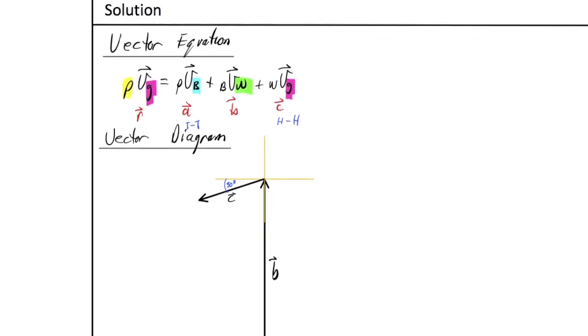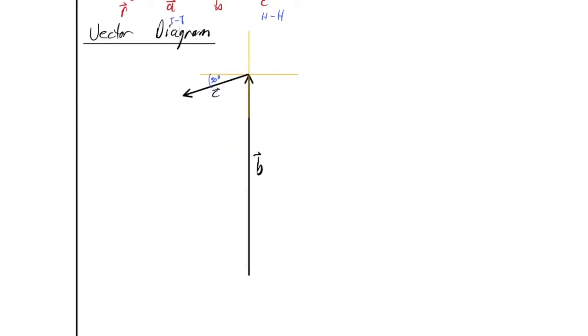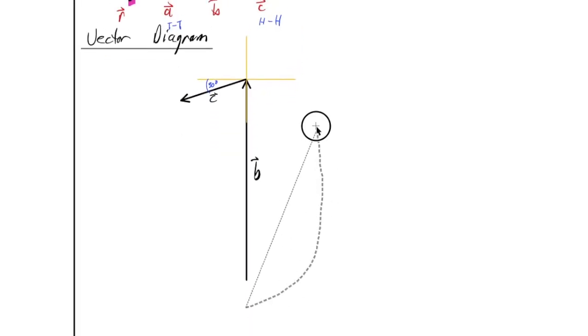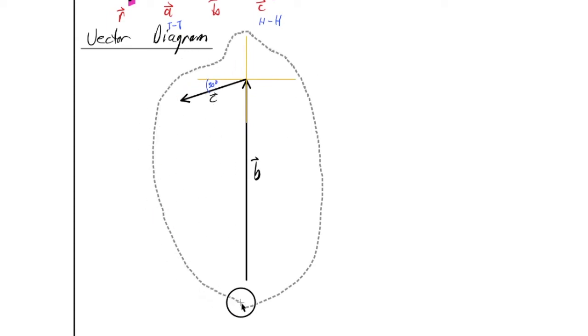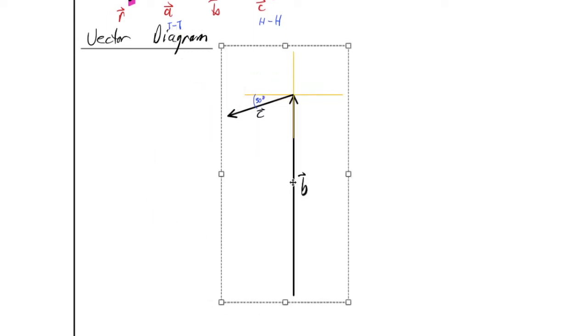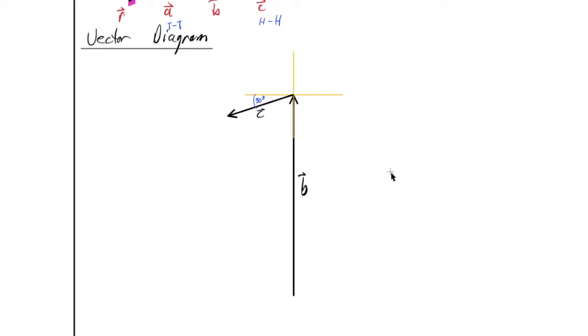So when we draw our resultant, and I clearly did not give myself enough real estate, this is why your teachers always strongly recommend you use pencil so that if you have to erase things, it's a little bit easier to do instead of using mountains of whiteout. Sketching in our resultant, it is going to be east. We don't know how long it is. And truthfully, it's not super important to get the lengths exactly right. We just have to get it reasonably close. And of course, we need to make that dashed.